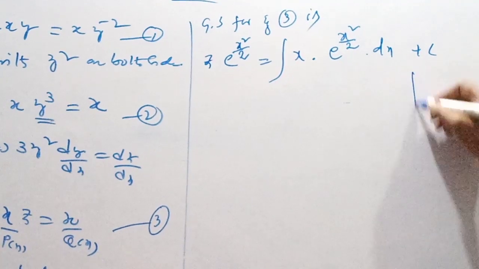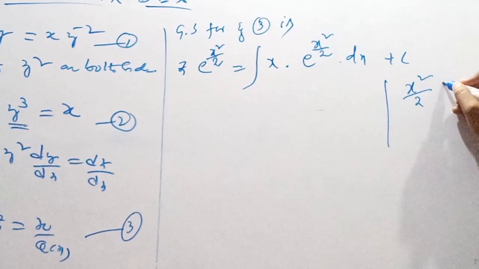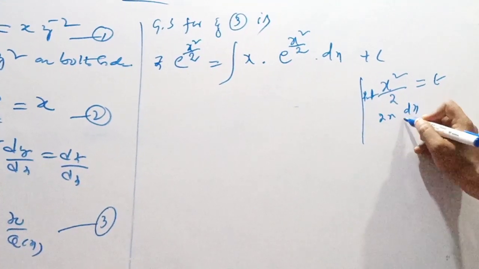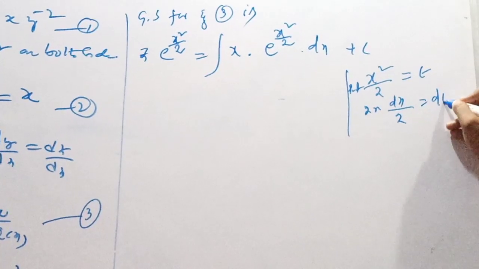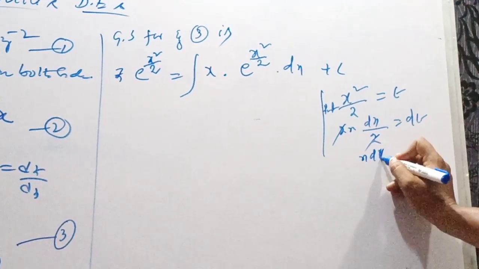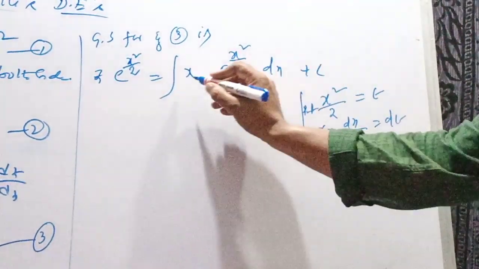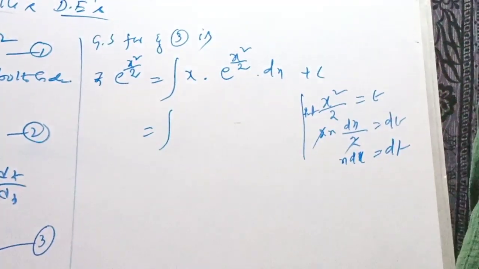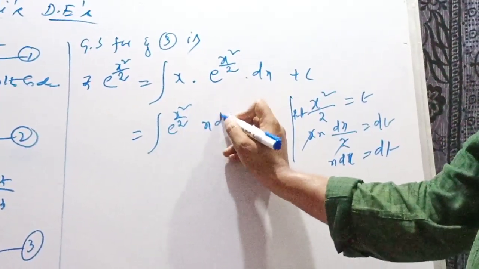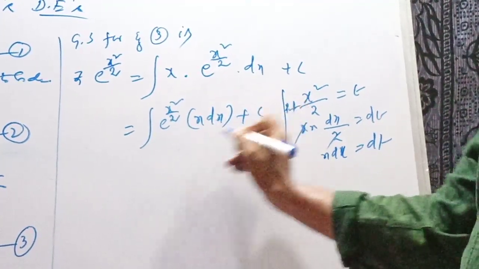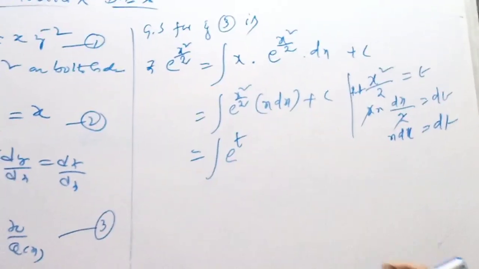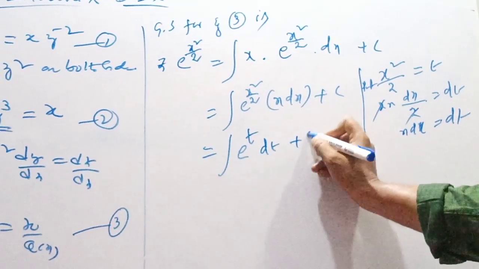Okay, so put x square by 2 equal to t. So 2x dx by 2 equals dt, the 2s cancel, so x dx equals dt. Again you rewrite the integral of e to the power of x square by 2 into x dx plus constant c as the integral of e to the power of t dt plus constant c.